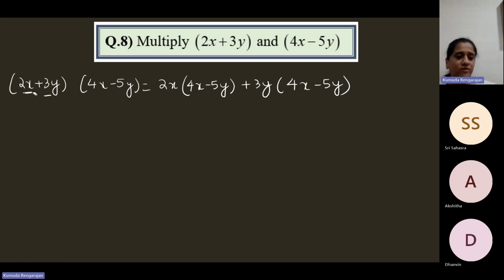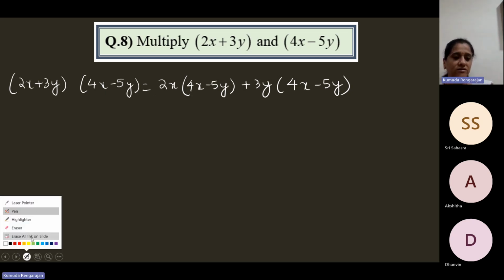We multiply every term in the first bracket with the second bracket. We multiply every term in the first bracket with the second bracket, with all the terms in the second bracket.